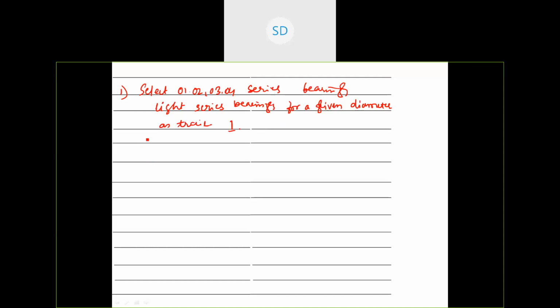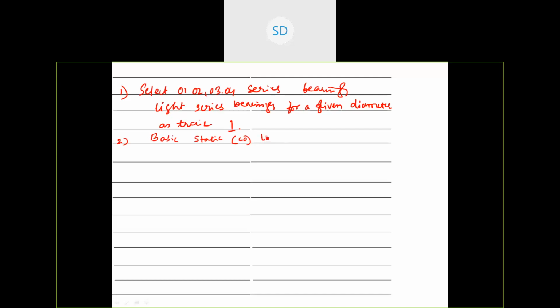Let us note the next step. Let us note the basic static load and basic dynamic load. I think we made a reverse. Basic static load is written as C naught. Actually we say it as C for basic dynamic load, and it is C naught for basic static load.